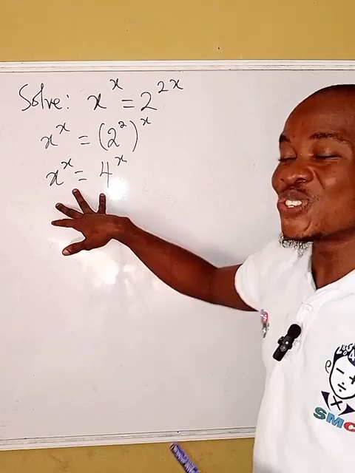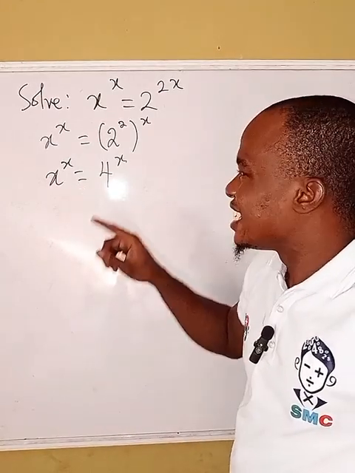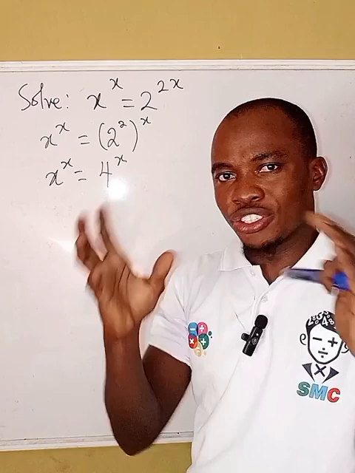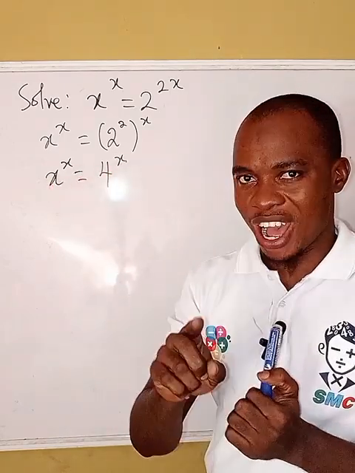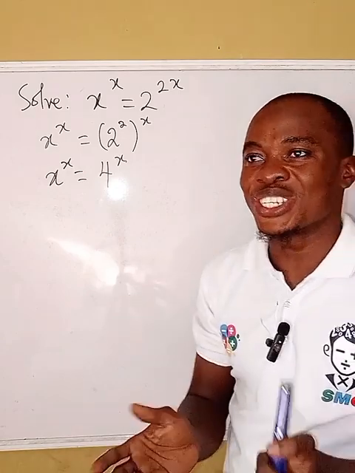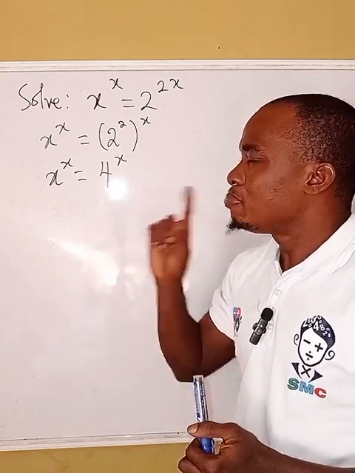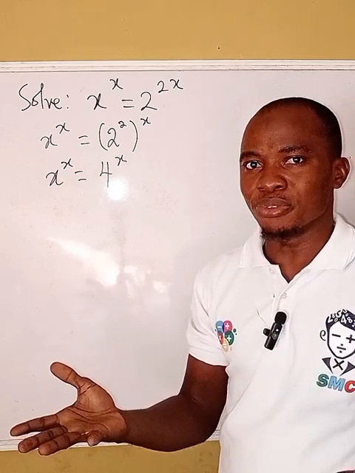Now, this is where the majority of students fail, because they believe that in the world of exponential equations, whenever you have the same powers or the same bases, they are going to be cancelled. Yes, but please don't forget that this x here is a variable.